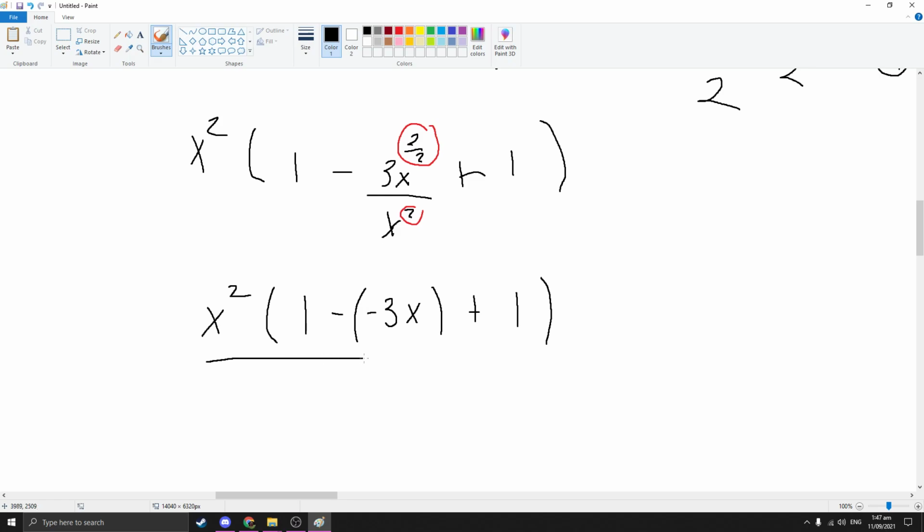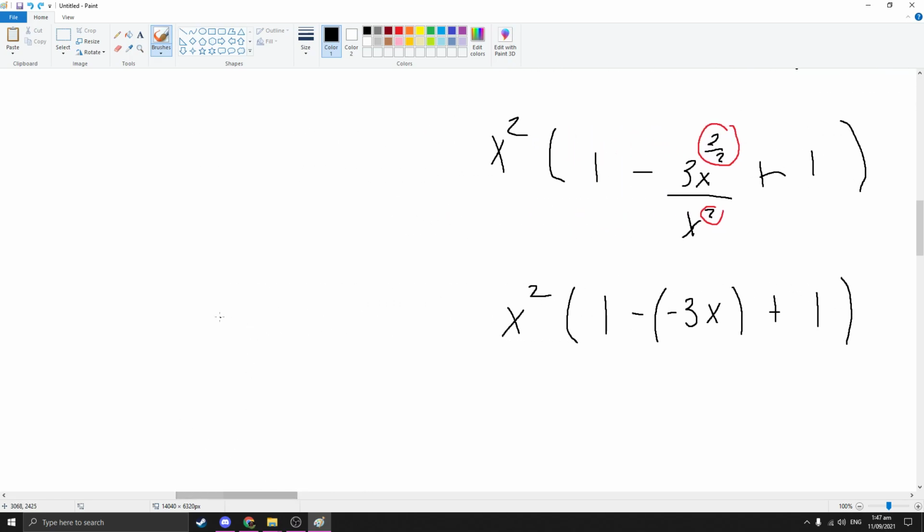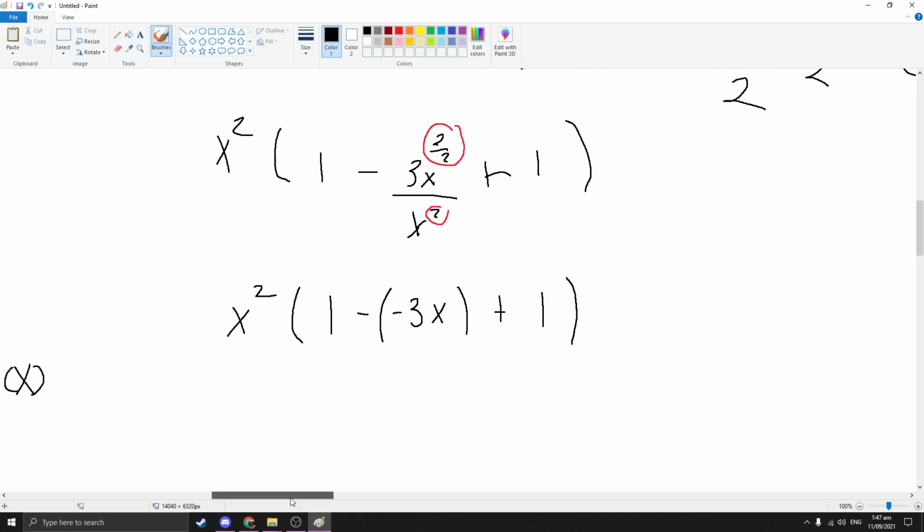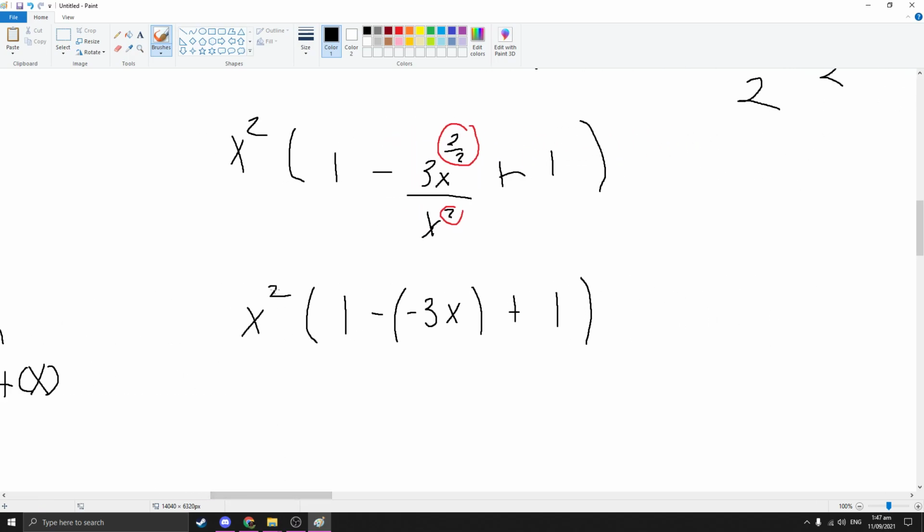Now, mangyayari next step is i-find na natin yung limit. So, ano yung kanina limit? Ang limit natin is x approaches positive infinity. So, substitute na natin lahat ng x, sa loob lang ng parenthesis. So, 1 minus, hindi na pala siya minus kasi i-distribute mo na yung negative. So, magiging positive 3.